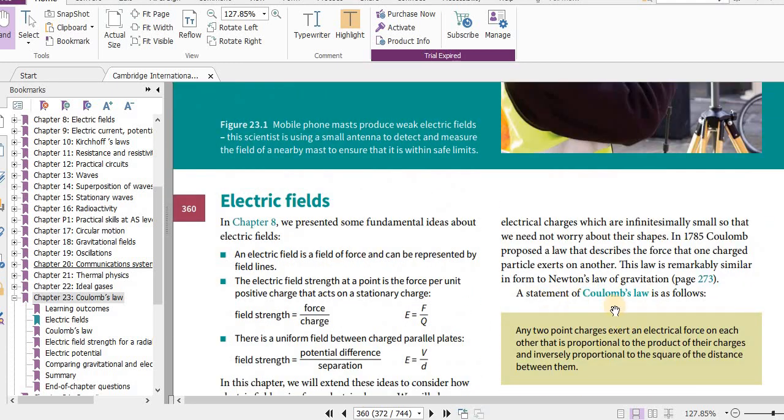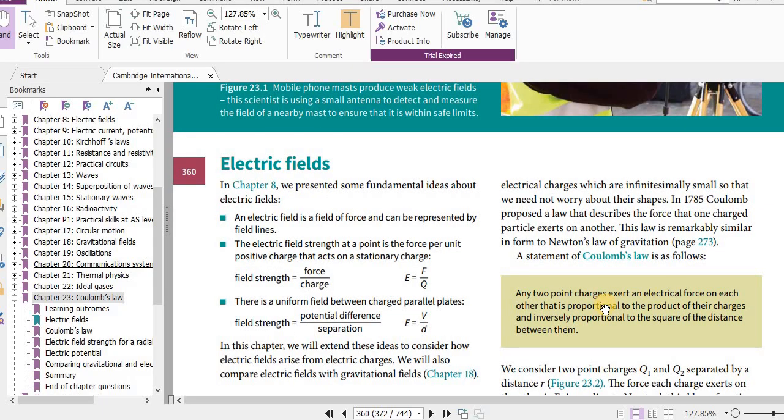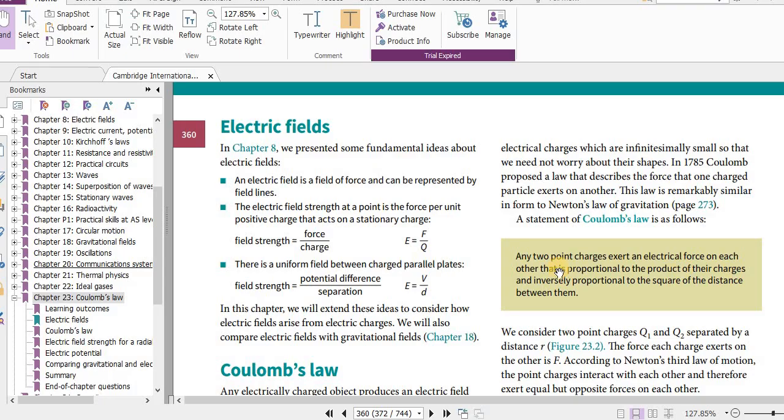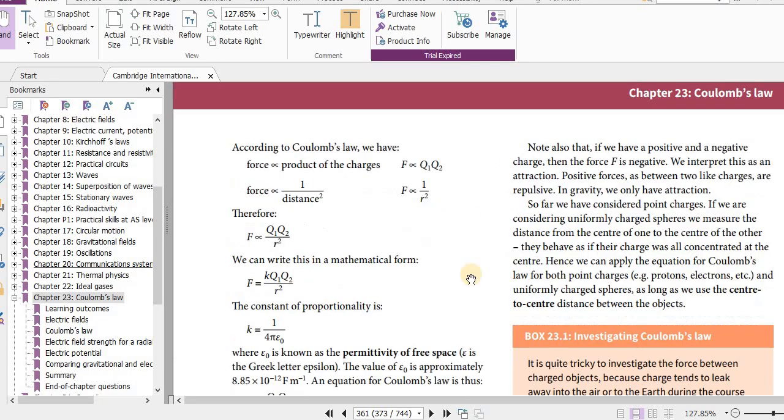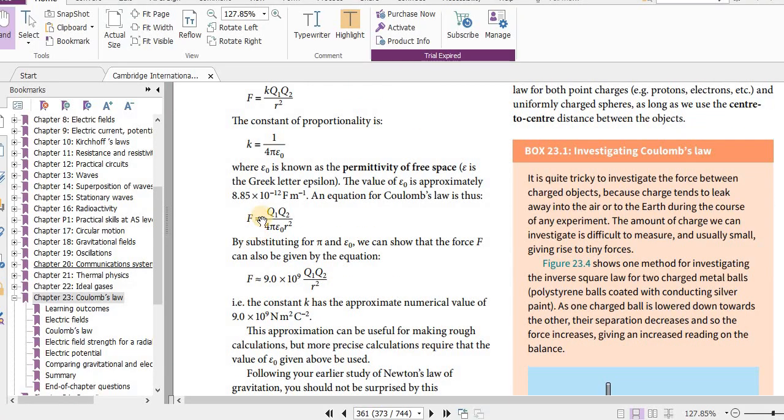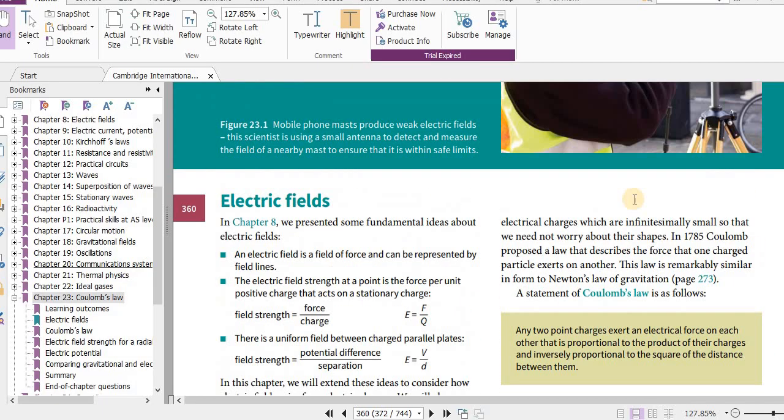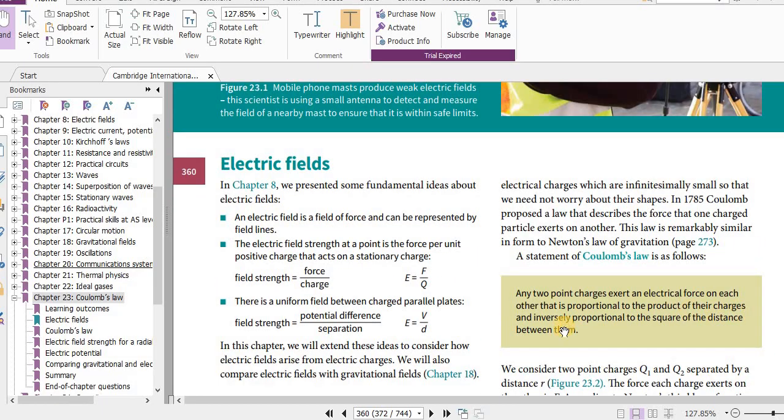And here you can see a statement of Coulomb's law is as follows: any 2-point charges exert an electric force on each other that is proportional to the product of their charges. See, according to this equation, the force is proportional to the product of the charges. You multiply the charge of one by the charge of the other, and inversely proportional to the square of the distance between them.